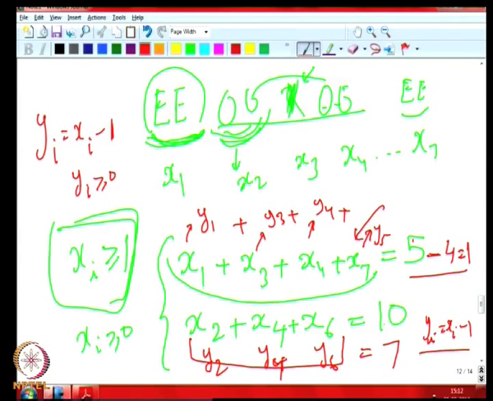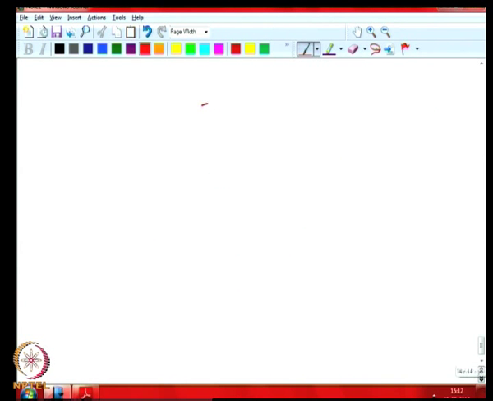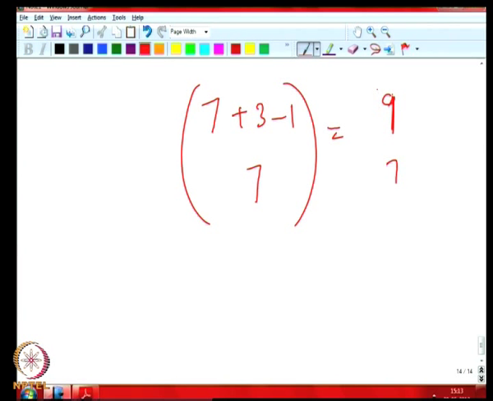Therefore, we can apply our earlier result with r equal to 7, and there are 3 types of things. So, the answer will be 7 plus 3 minus 1 choose 7, that is 9 choose 7. Now we multiply by 4 choose 1 into 9 choose 7.